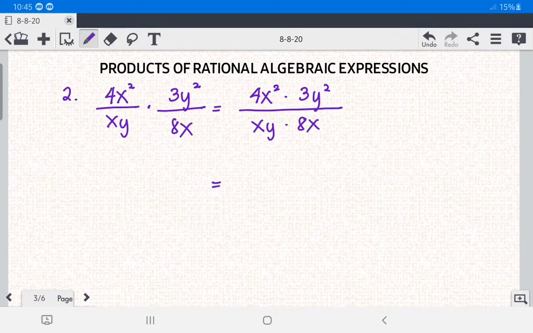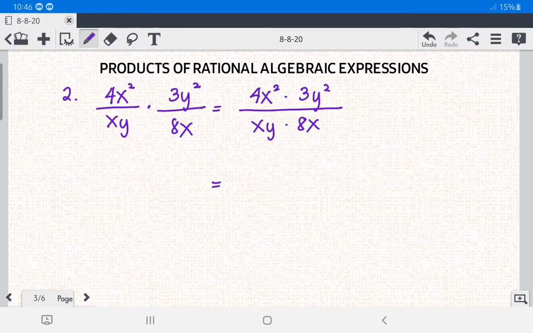Actually, we can make use of cancellation here. We can cancel x squared and x, or we just multiply the numerator first and then the denominators. And then after that, we have to factor both the numerator and the denominator, wherein one of its factors is common to both the numerator and the denominator.